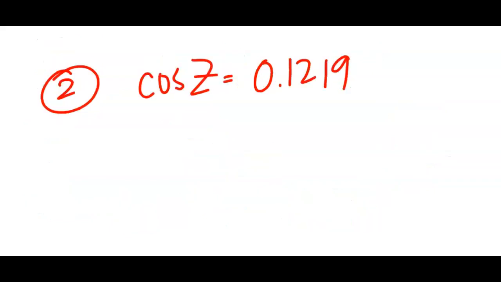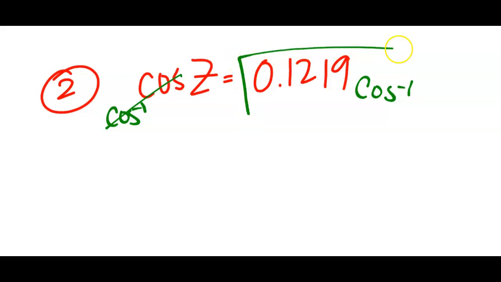So if I have the cosine of z, and this is my decimal, what do I have to do? Well, I have to undo my cosine, so I have to take the inverse cosine of this side, and I'm just going to enter this into my calculator the same way I just did.